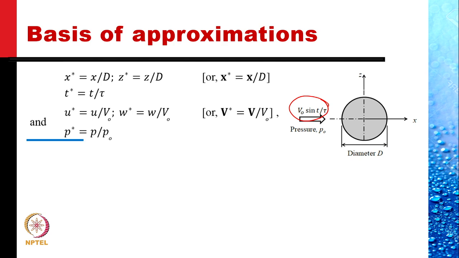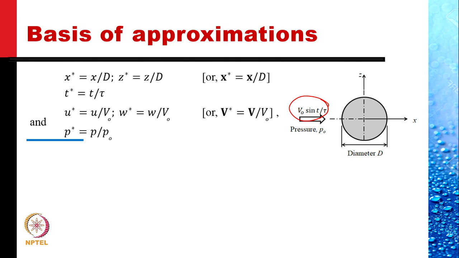The dependent variables u and w along x and z direction are normalized with respect to the amplitude of the free stream velocity V naught, so that we define u star is u by V naught, w star is w by V naught, and we define a non-dimensional pressure, another dependent quantity, as p star is equal to p by p naught.